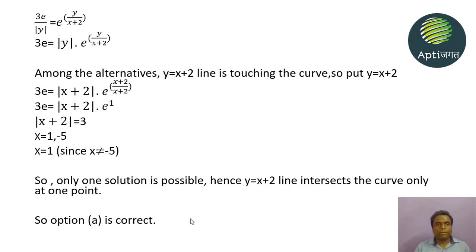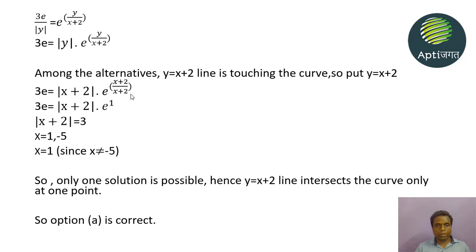So what is the final equation? 3e upon mod y equal to e raised to y upon x plus 2. Then for solving it further, we get 3e equal to x plus 2 times e raised to the power of x plus 2 upon x plus 2. Finally, mod of x plus 2 equal to 3 has two values, 1 and minus 5.